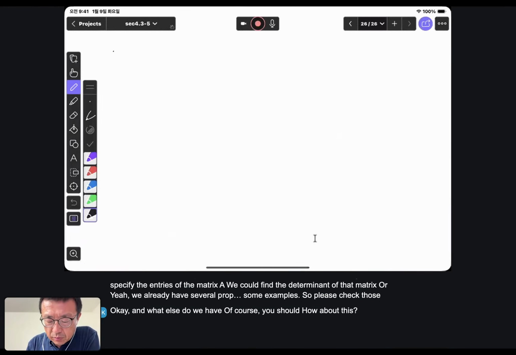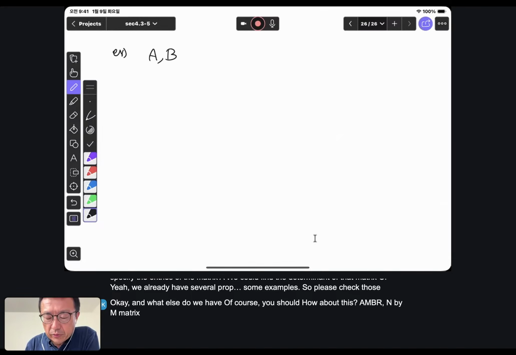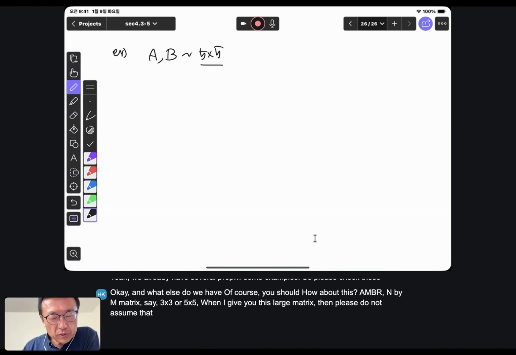A and B are n by n matrices, say 3 by 3 or 5 by 5. When I give you this large matrix, then please do not assume that A is filled with several numbers.